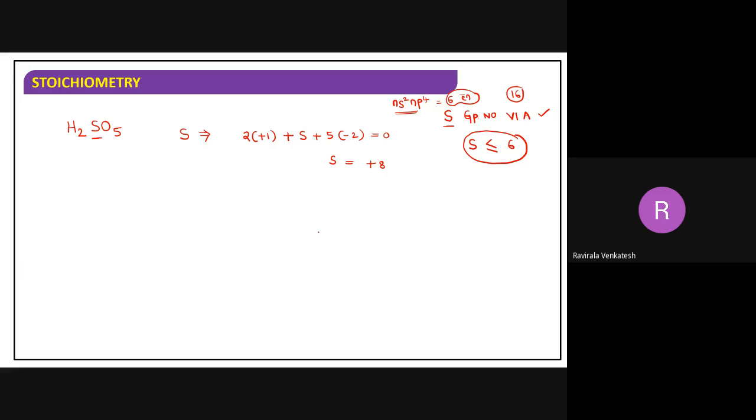That means the formula we are taking is not applicable because it is a peracid. Why did we get a mistake here?